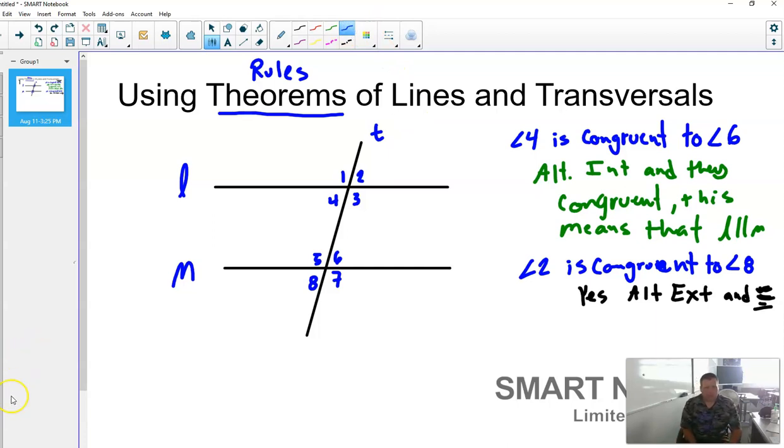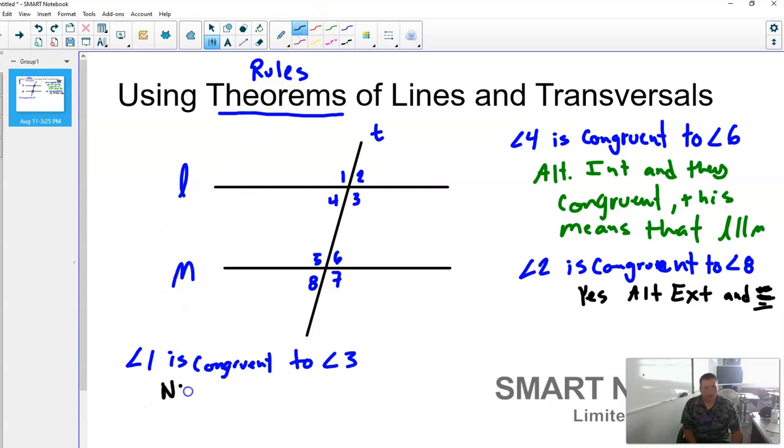Again, let's continue with this. What's the right information? Let's say that angle 1 is congruent to angle 3. Is that enough information to show that L and M are parallel?